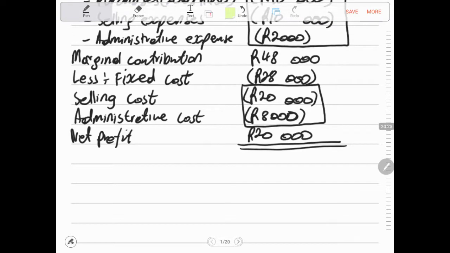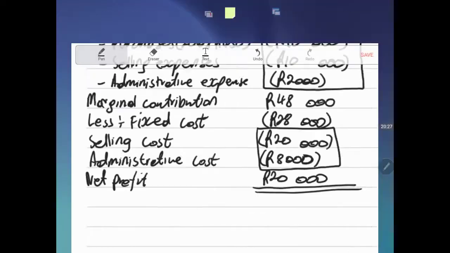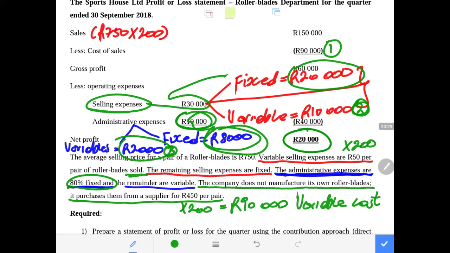Now we have calculated and responded to the first requirement, and you must be able to convert a given income statement into the required income statement. In this case, we were given an income statement, and we had to convert it into the required income statement.